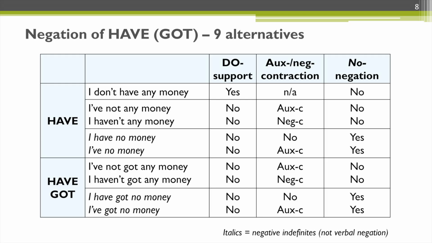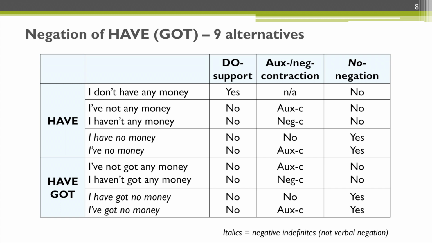So methodology. Essentially here I'm looking at 9 different alternatives, and the ones in the italics here are only relevant if you have an indefinite in the object. Okay, so I deal with those a bit later as a separate case.